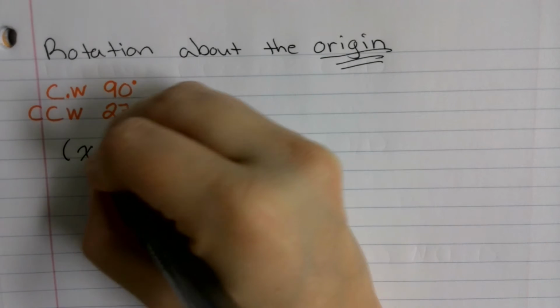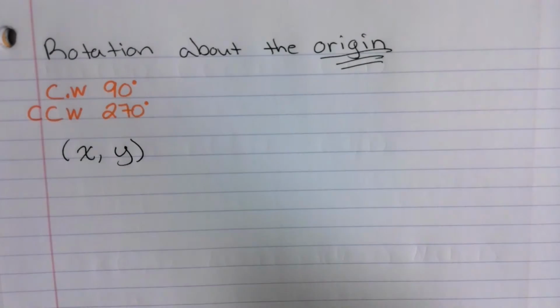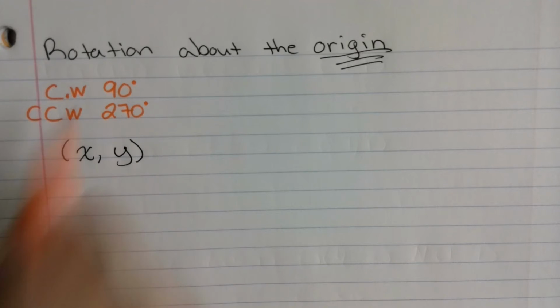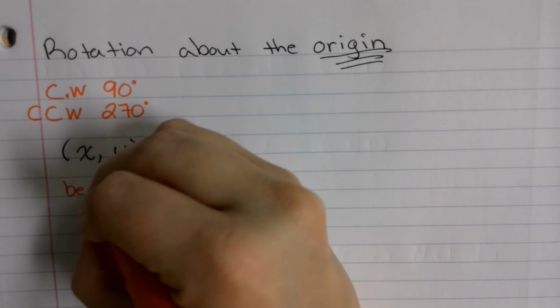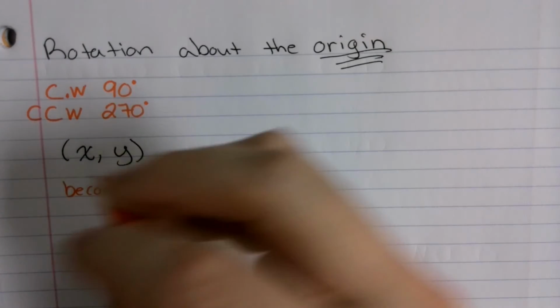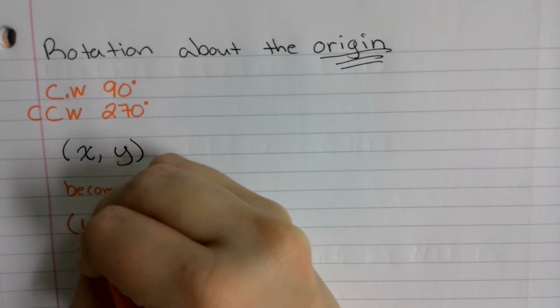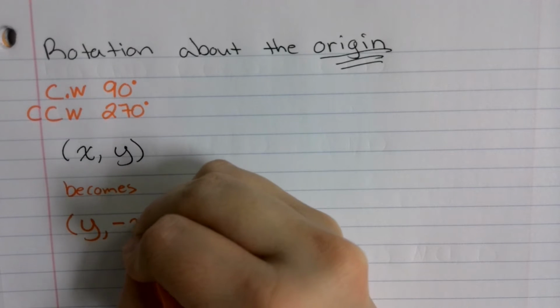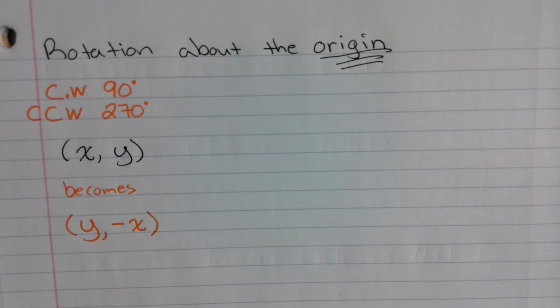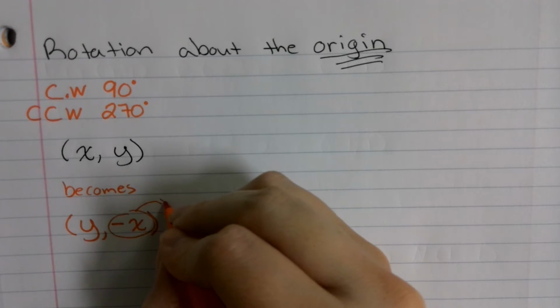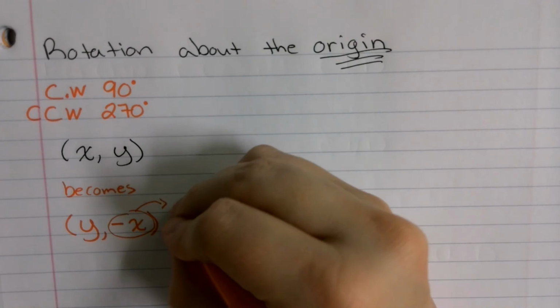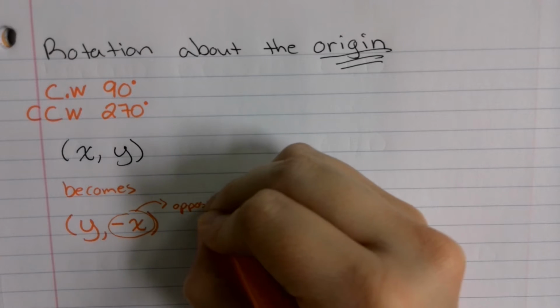So if we start at the point x, y, so I give you a coordinate of x, y, and then I tell you, hey, you're going to rotate 90 degrees clockwise or 270 degrees counterclockwise, then this is going to become y and then opposite of x. Y and then opposite of x. Remember this right here, that doesn't say negative x, that says opposite of x.